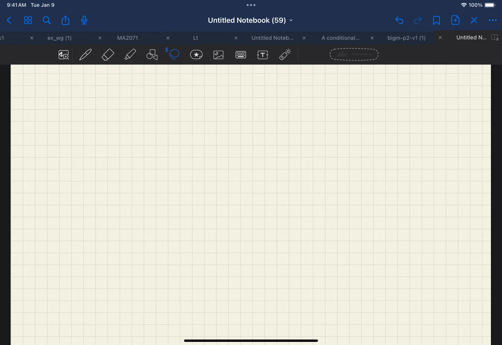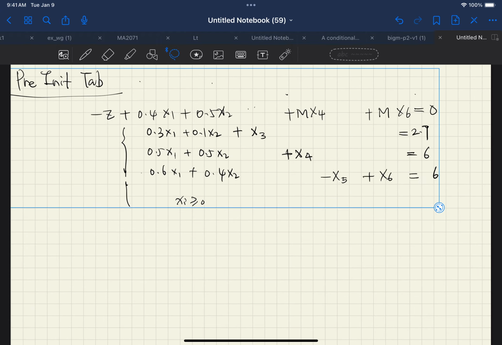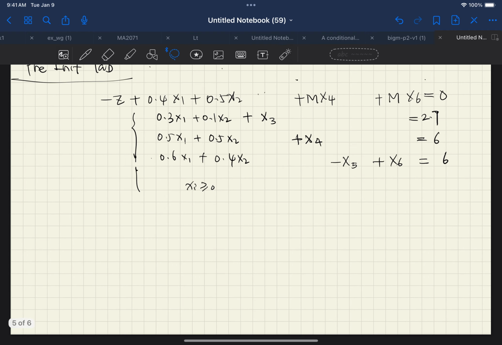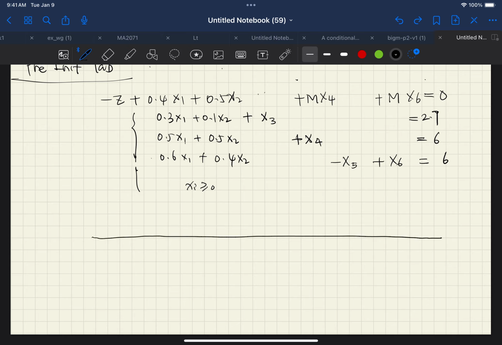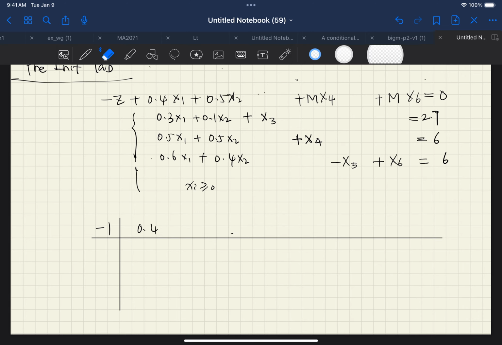This is almost the end. So the tableau is going to be: we write the objective function -1, 0.4, 0.5, and for x3 it is 0, and then m, 0, m, and this place is 0.